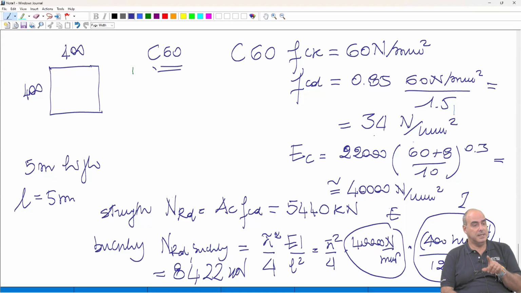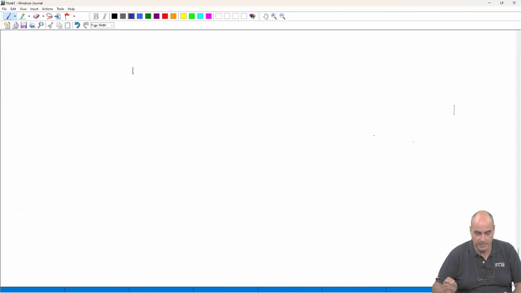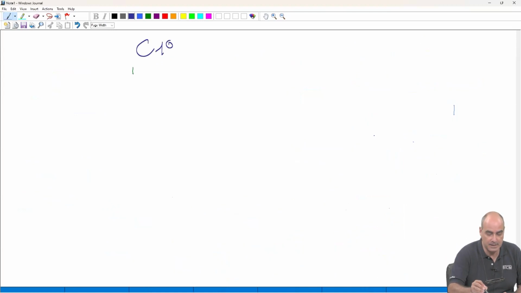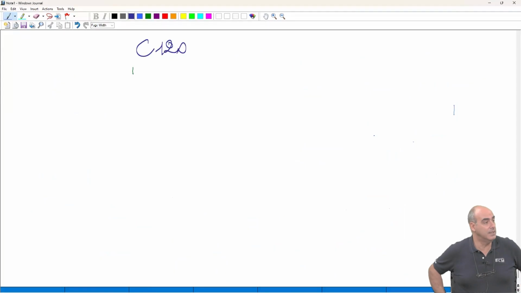But there is another thing. Let's put the numbers to appreciate that. Let us imagine that our precast manufacturer is so smart, and the structural engineer and the architect are so visionary that they want to go into a C120 concrete.